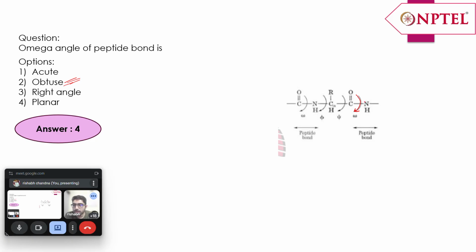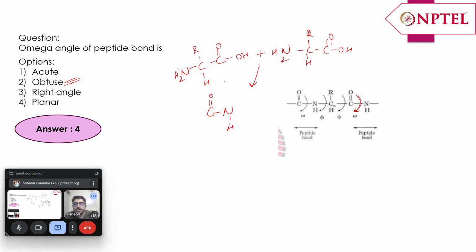As you know, this is the amino acid structure, and here another amino acid forms, so this kind of structure is formed. This is the peptide bond, and it has a partial double bond character because of the resonating nature.